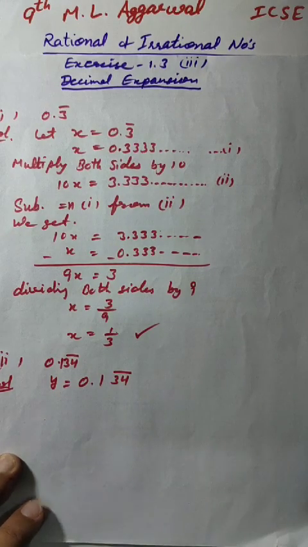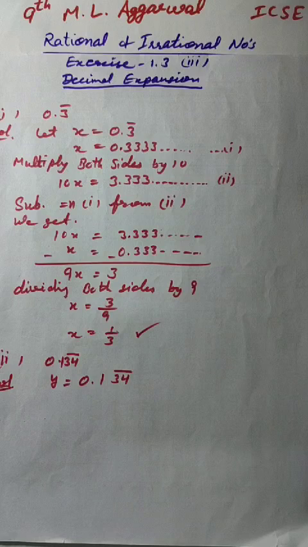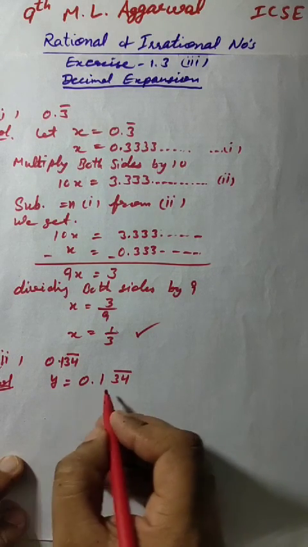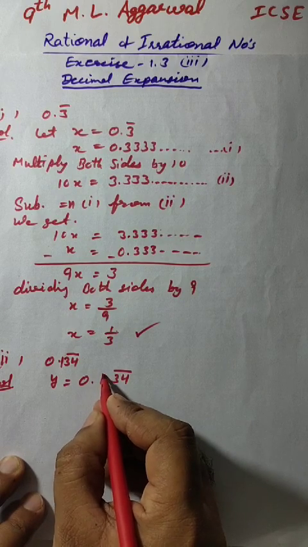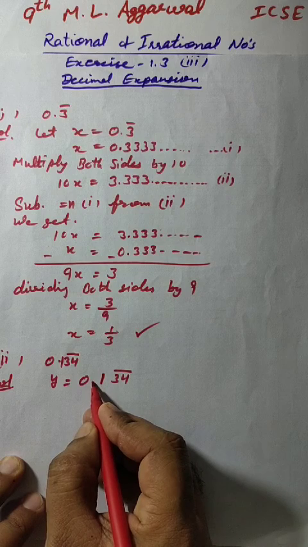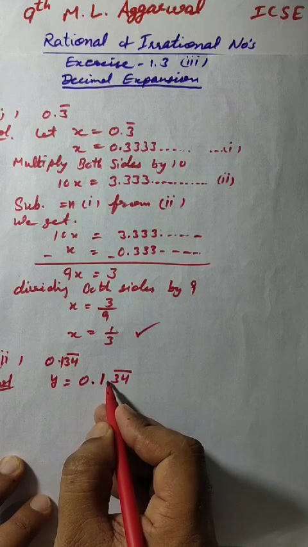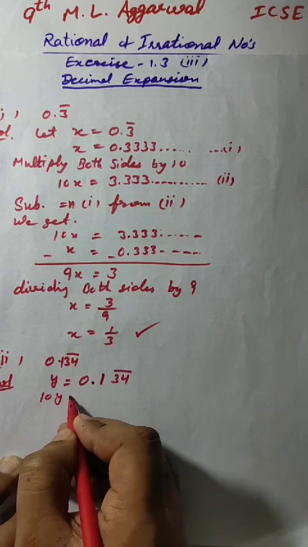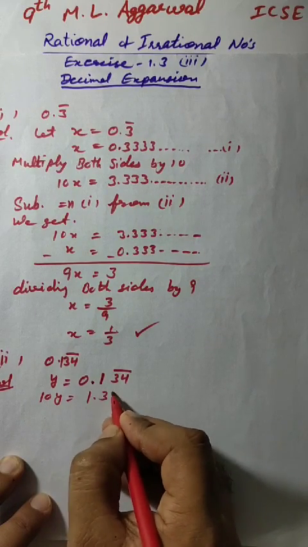There is a bar on 3 and 4 only. So first of all, we'll shift the number which is outside the bar. We'll have to shift the decimal at this point, so we'll multiply both sides by 10, then we'll get this.